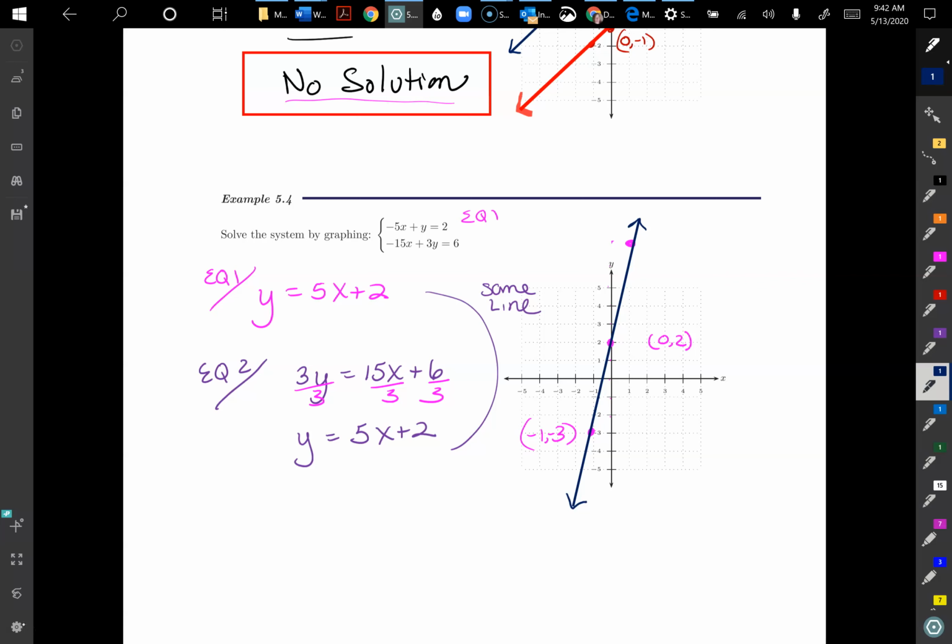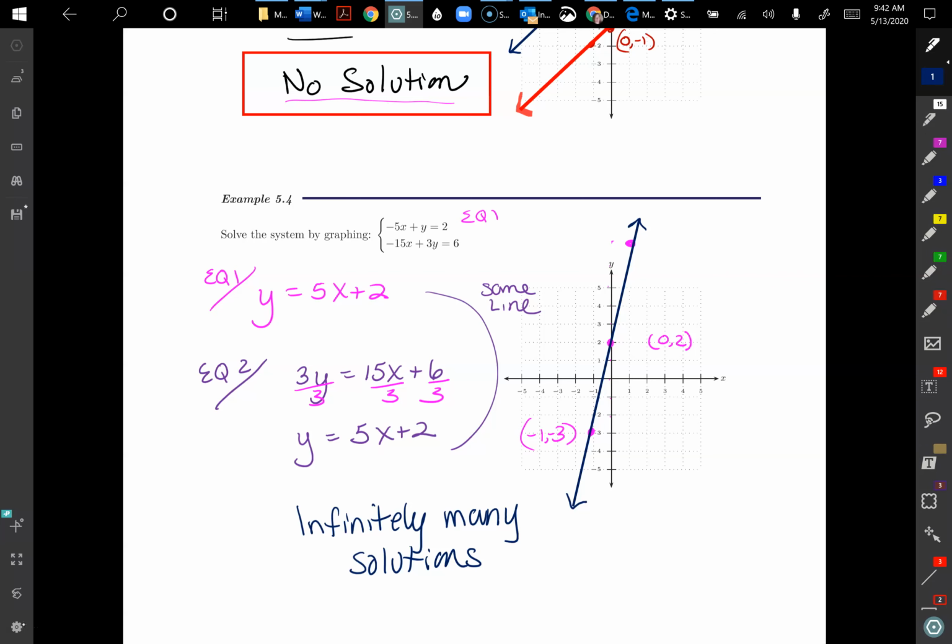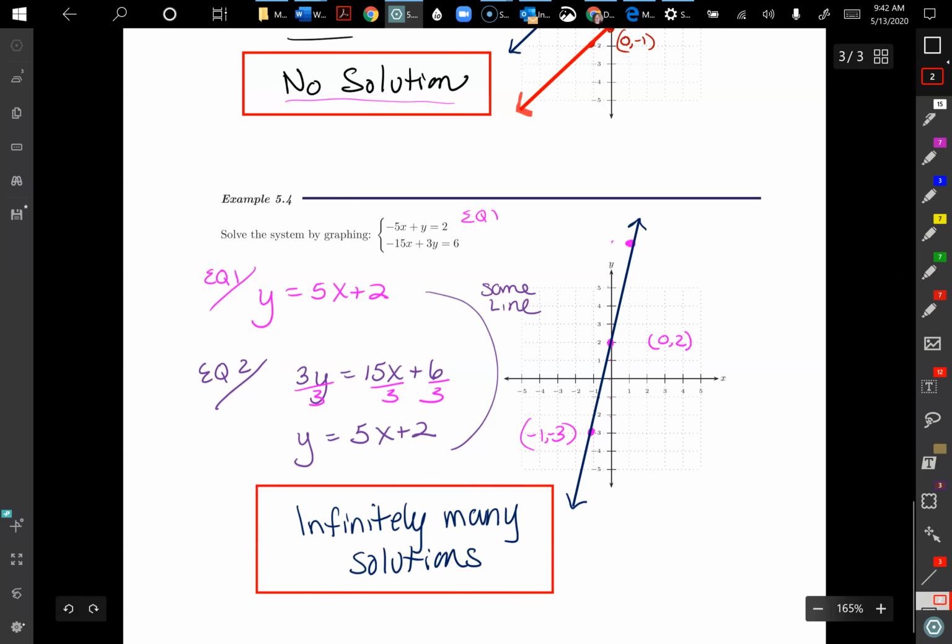So it's not necessarily that you would say all real numbers, but you would say there's an infinite number of solutions. So we just write infinitely many solutions, is one way to write that. You'll see it a variety of ways too. And that is the answer for that one.